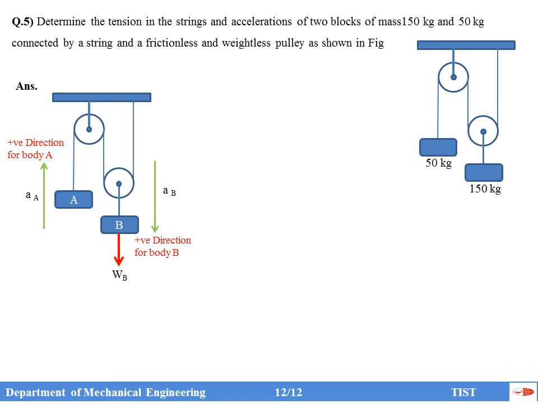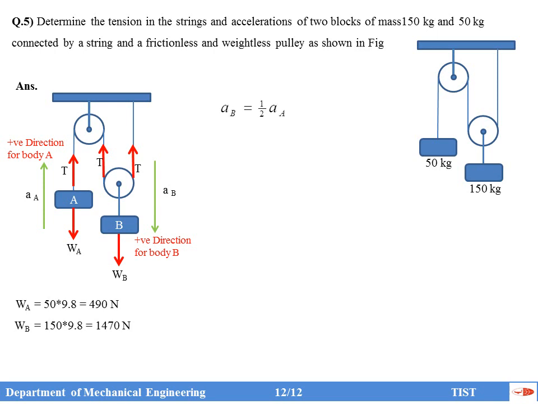Now the WB is in the downward direction and 2T is in the upward direction, and for A, WA is in the downward direction and T is in the upward direction. Now WA you can find out because the mass of body A is given, so 50 into 9.8, which is 490 Newton, and WB is 150 into 9.8, 1470 Newton.